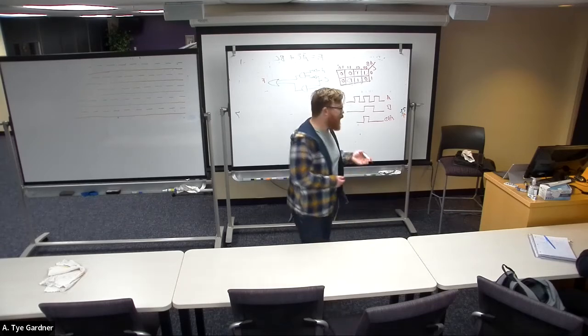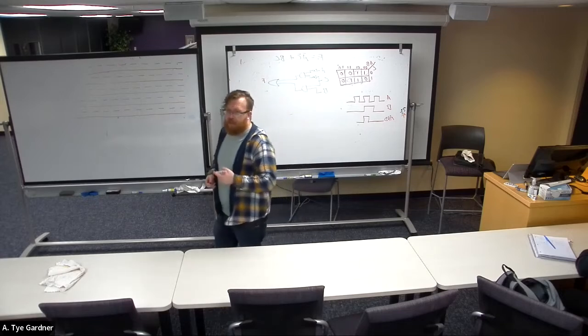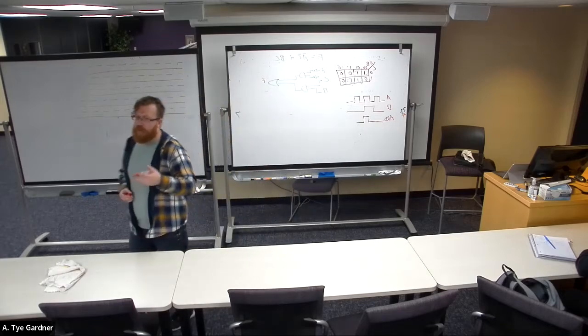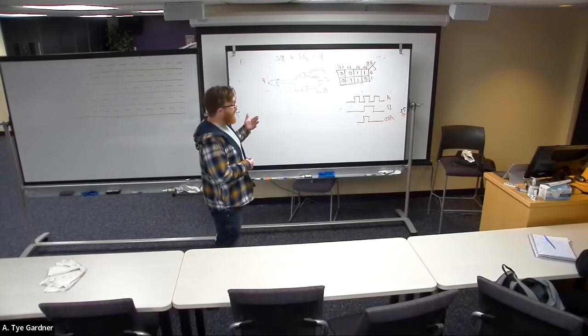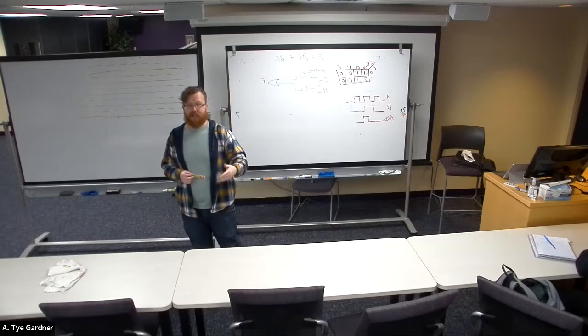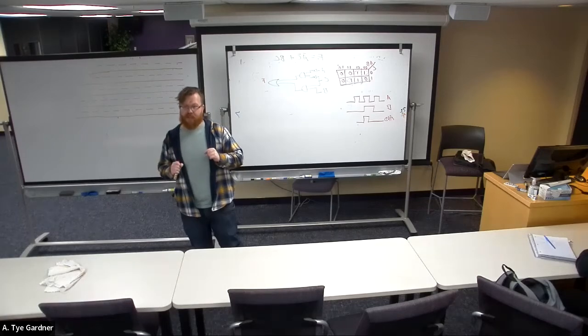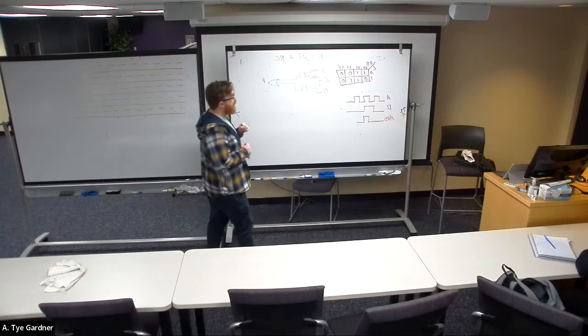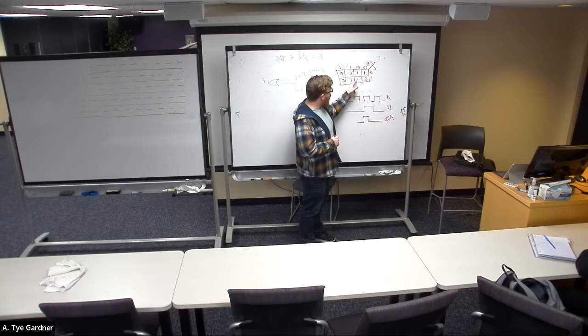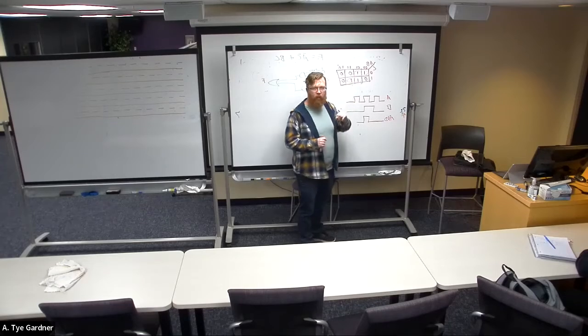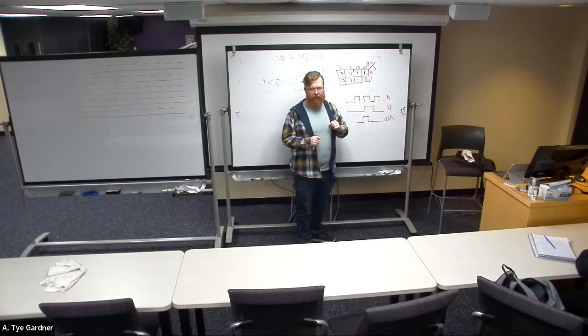Well, it turns out the K-maps are really good at this for us, because what the K-maps tell us when we design this is they actually have a way of communicating that there is what we call a timing hazard, which means we might run into a problem. And we know this by looking at the K-map, and if we find any situation where there are adjacent ones that don't share an implicant.